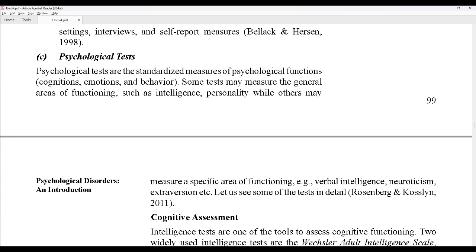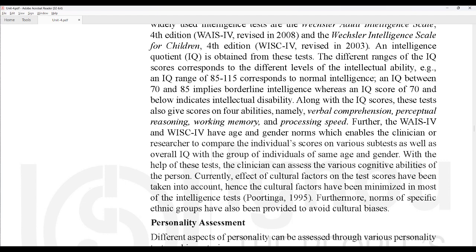Cognitive assessment. Intelligence tests are one of the tools to assess cognitive functioning. Two widely used intelligence tests are the Wechsler Adult Intelligence Scale, 4th edition, WAIS-4, revised in 2008, and the Wechsler Intelligence Scale for Children, 4th edition, WISC-4, revised in 2003. An intelligence quotient, IQ, is obtained from these tests.